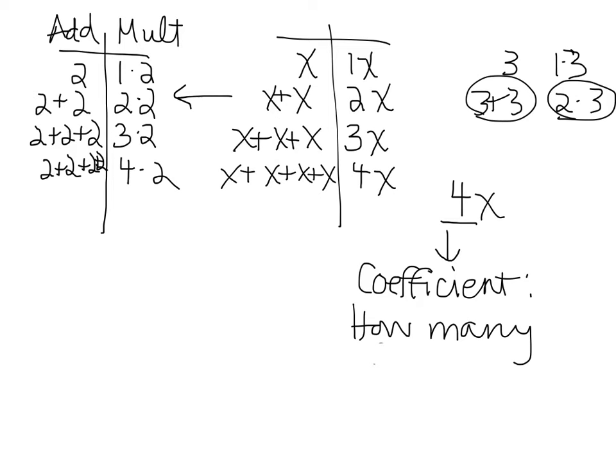Okay? So let's look at the 2x plus 5x. This means I have two x's. I don't know what those x's are, but I have two of them. If I have 5 more of them, it stands to reason that I have 7 of them altogether. And I can check this in two different ways.